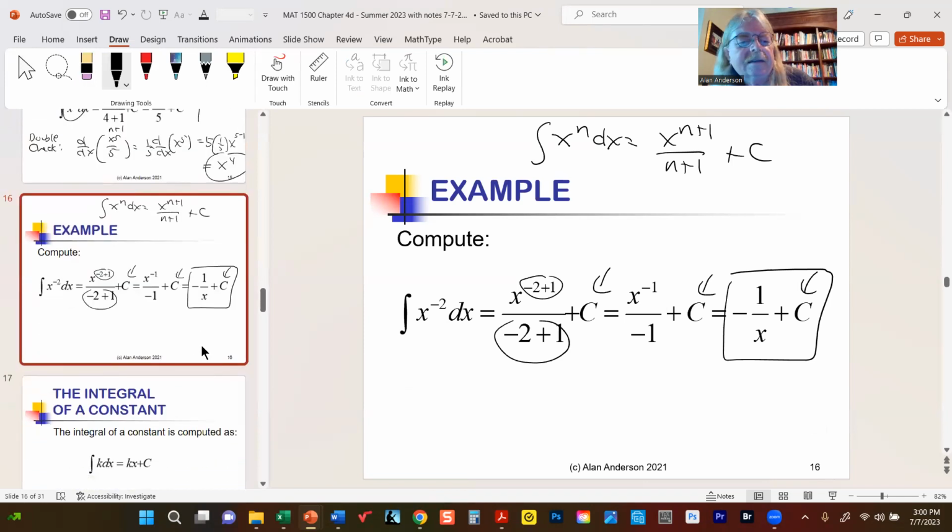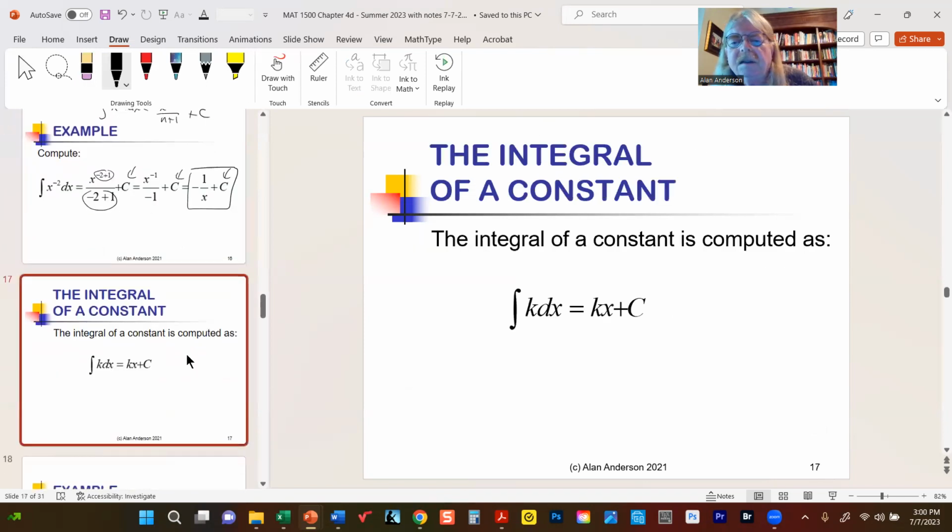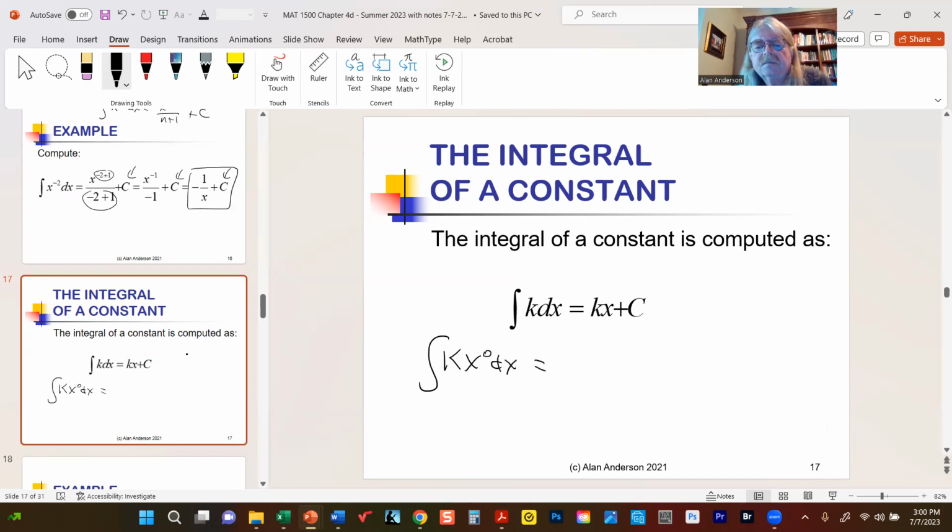All right. Let's see. Now, the integral of a constant will end up being kx plus c. Because implicitly, you could rewrite this as kx to the 0. And there you go.